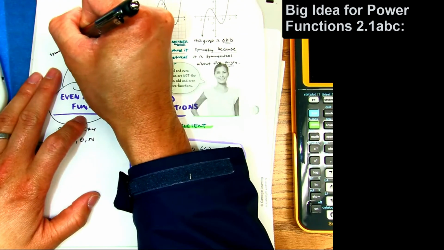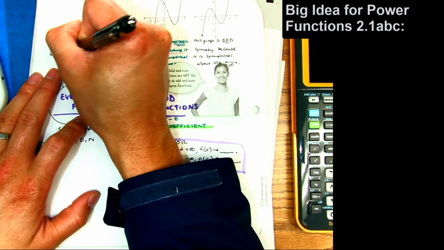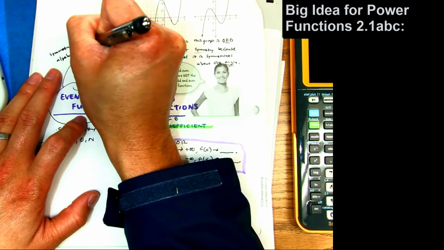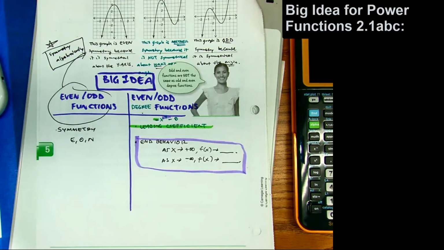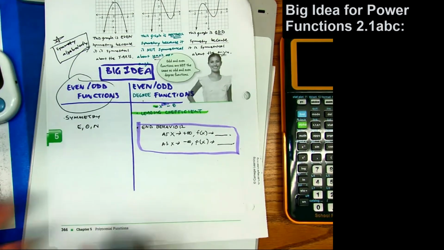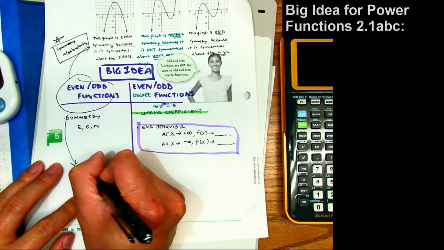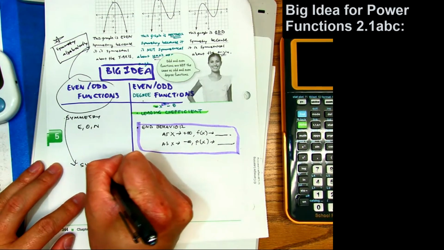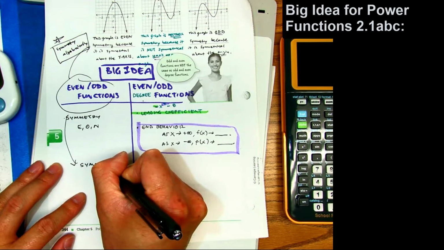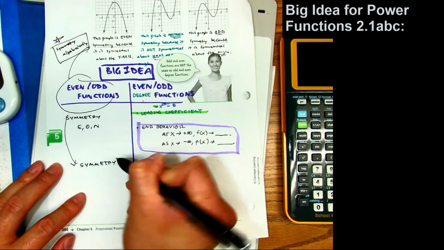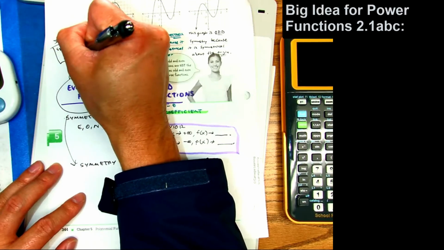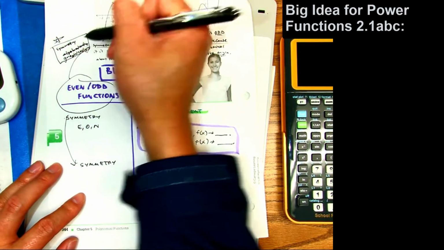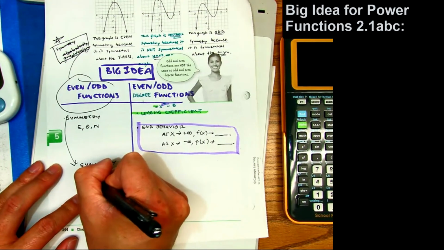Let's write that, symmetry algebraically. And now we're going to find symmetry. Sorry, that should be graphically. And this one is symmetry algebraically.